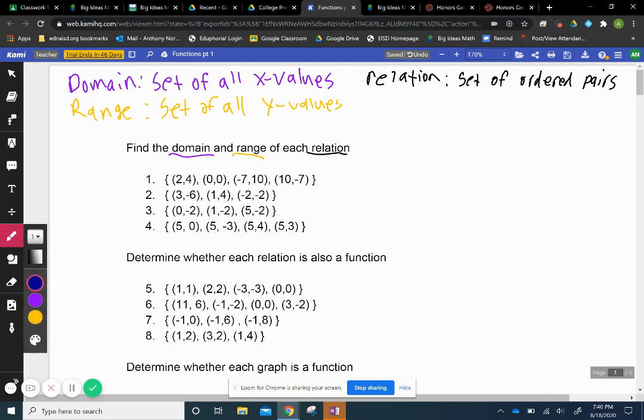Fantastic question. What is a set? A set is a collection of stuff. But we're in math class, so that stuff normally has something to do with numbers.